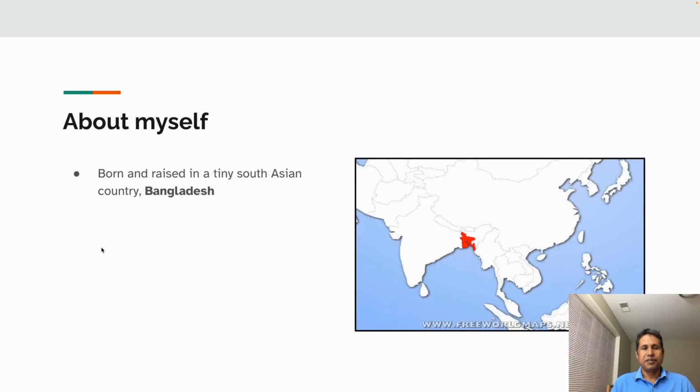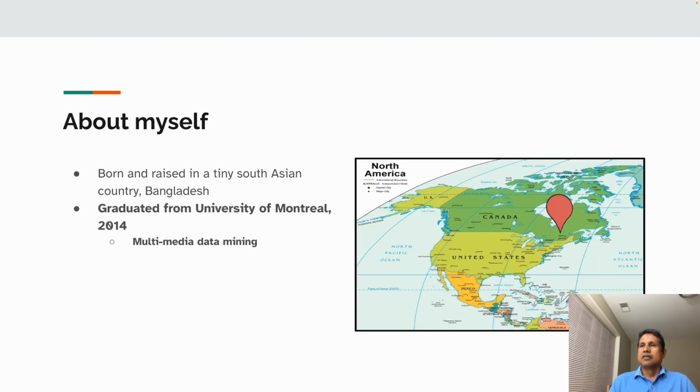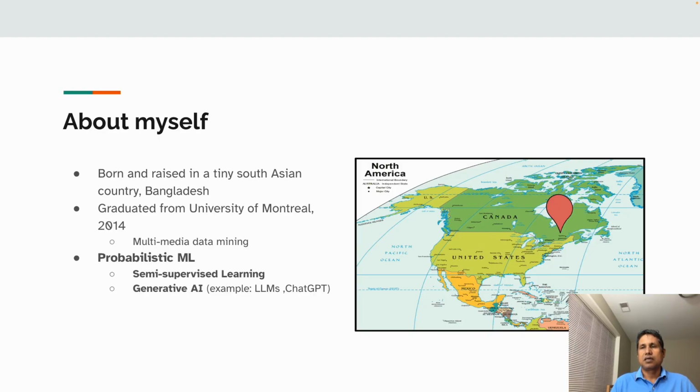I have already given some information about myself, a little bit more. I was born and raised in a small South Asian country, Bangladesh. I graduated from University of Montreal back in 2014. At that time, my research area was multimedia data mining. Although nowadays people are obsessed with deep learning, I like to call myself a probabilistic machine learning folk.